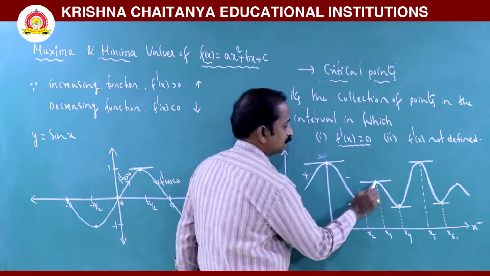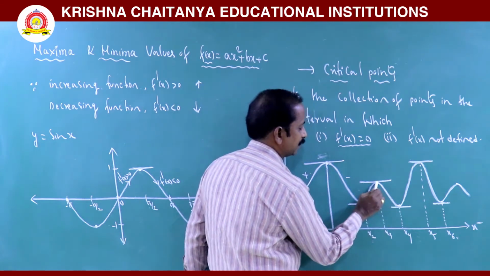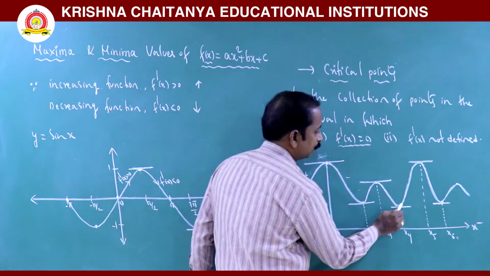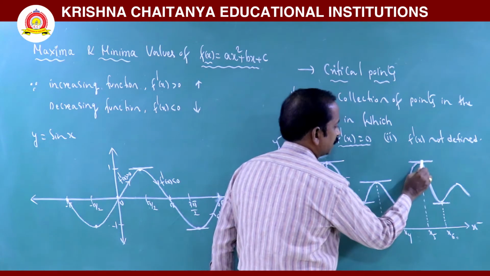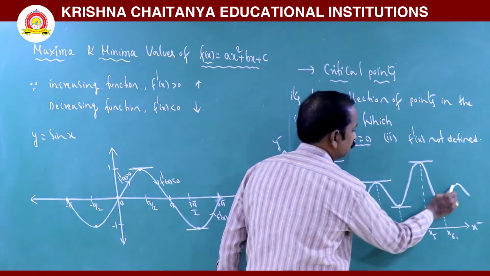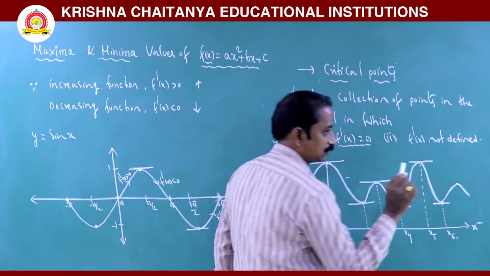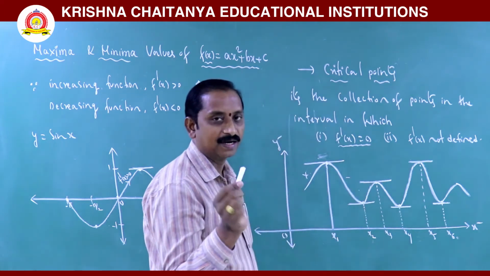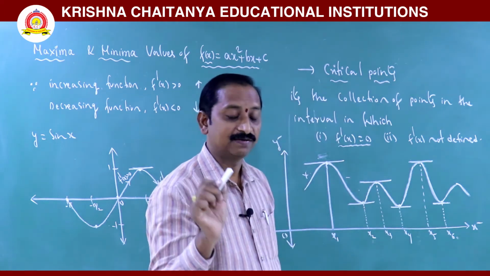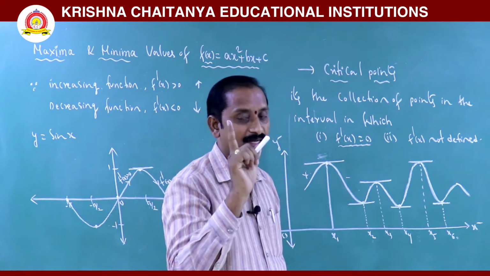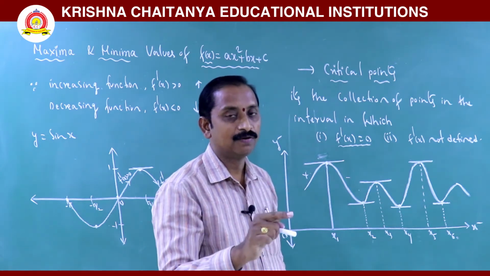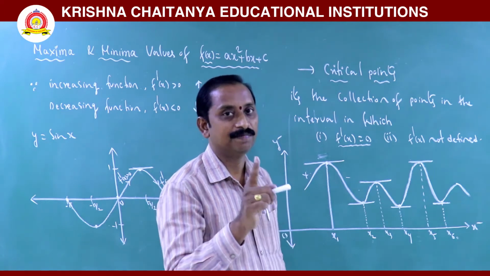Now f dash of x positive to negative, greatest value; negative to positive, least value; positive to negative, greatest value; negative to positive, least value. So keep in your mind that where f dash of x goes from positive to negative, it has a maximum value, and negative to positive, it has a minimum value.